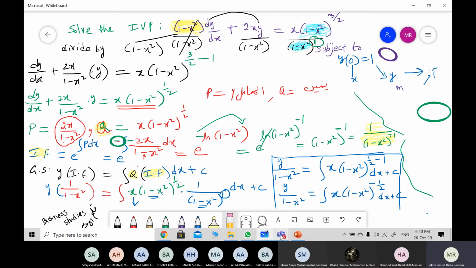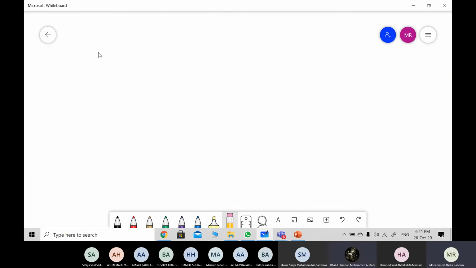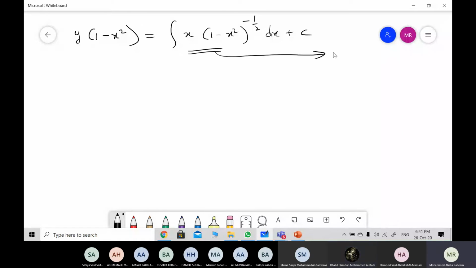y into 1 minus x squared equals the integration of x between two brackets 1 minus x squared power minus half. Yes, read please. This is what it is saying with you. This is the multiplication.